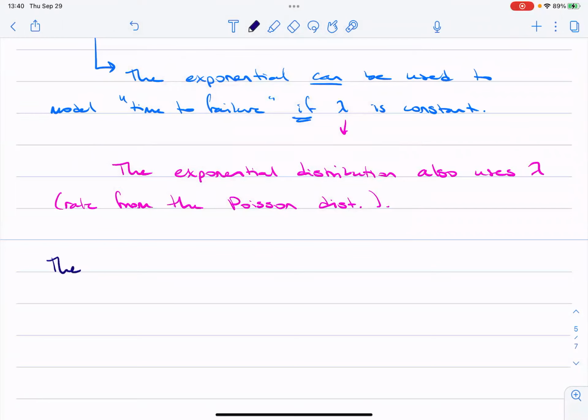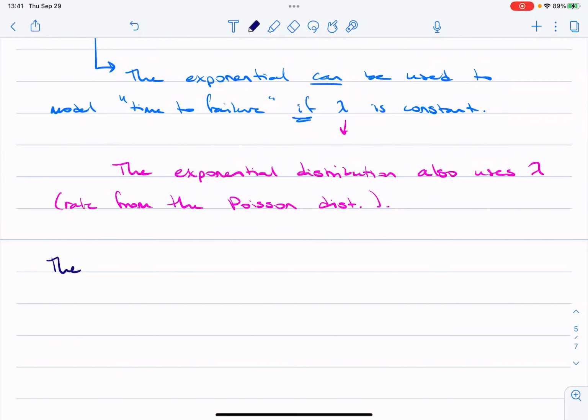The exponential assumes that lambda is constant, which is not necessarily true, right? But if we've got a large interval of time, we can break up that interval and say, okay, lambda seems to be constant for the first 2 years of a car, and then maybe for 3 to 5 years the rate of things breaking down is relatively constant.